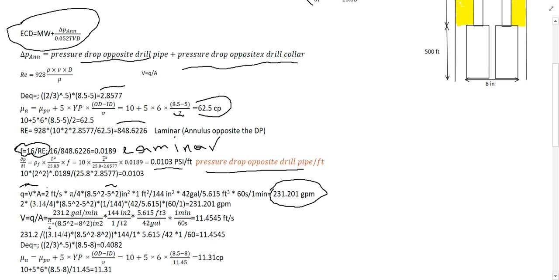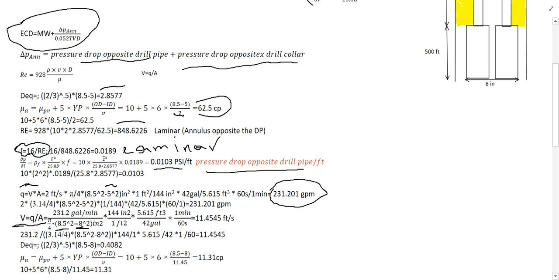If we have that, we can find the velocity opposite of the drill collar. The flow rate is 231, the area is pi divided by 4 multiplied by the outer diameter, which is the diameter of the wellbore, 8.5, minus the inner diameter, which is the outer diameter of the drill collar, 8 inch, and then we need to find the velocity in the unit of feet per second.